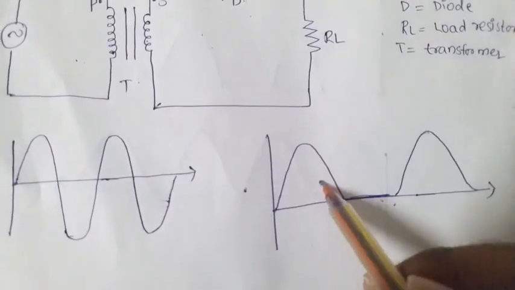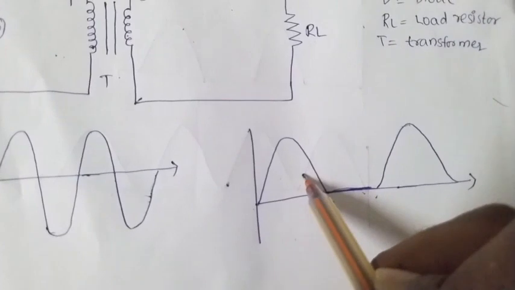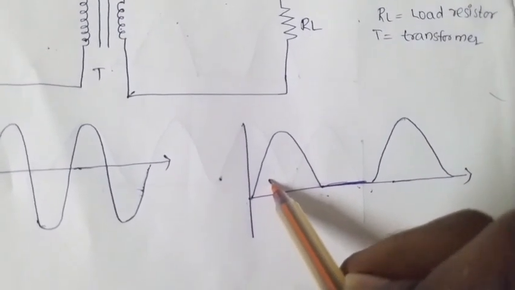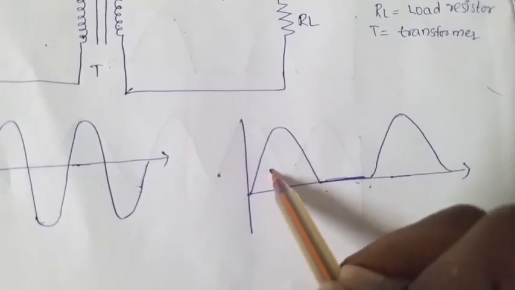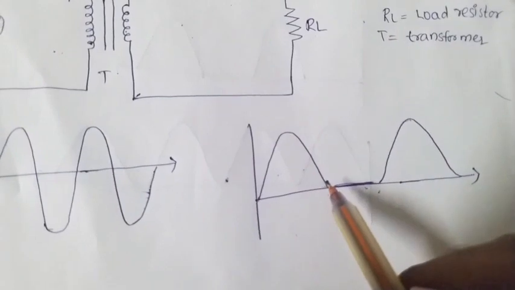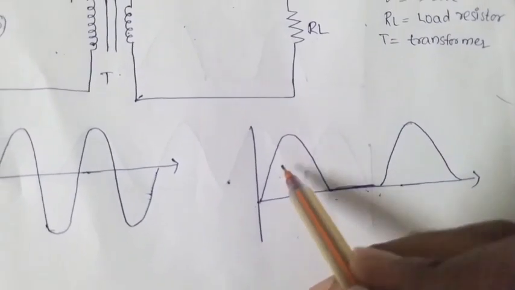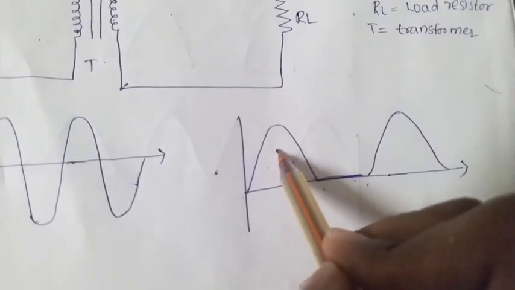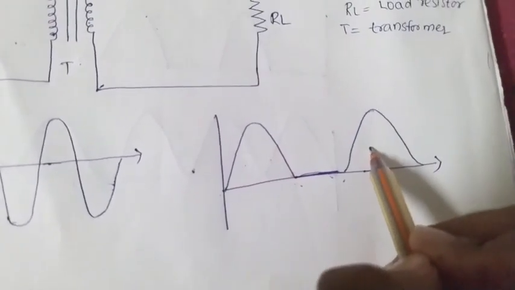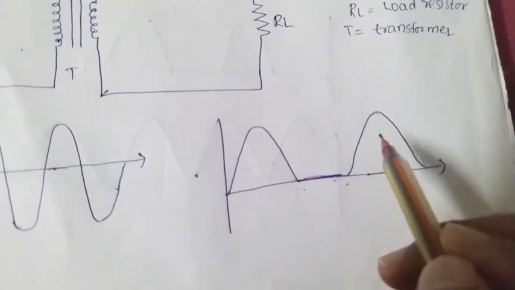Here we can observe that this is the output of the half wave rectifier. When the diode is forward biased, it provides a positive half cycle. These two are the positive half cycles when the diode is forward biased.